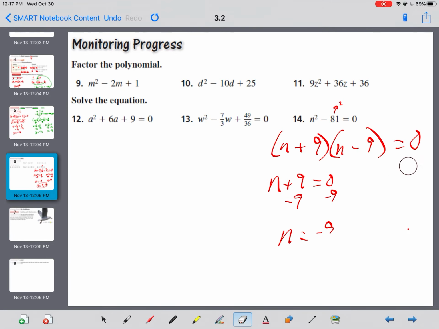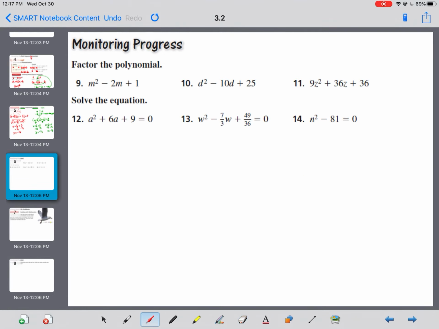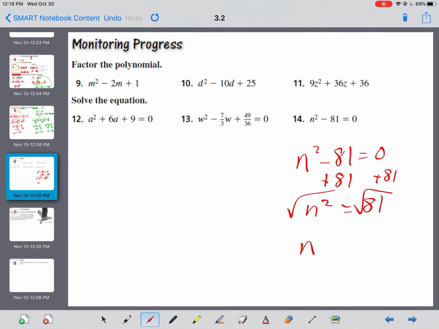The other way that they probably would have solved this is they would have done what's called algebraically. It's another way to do it. Yeah, n squared minus 81 equals 0. Well, to get n by itself, SADMAP, add, subtract away. n squared equals 81. Square root both sides. Square root of n squared is n, because it's n times n.